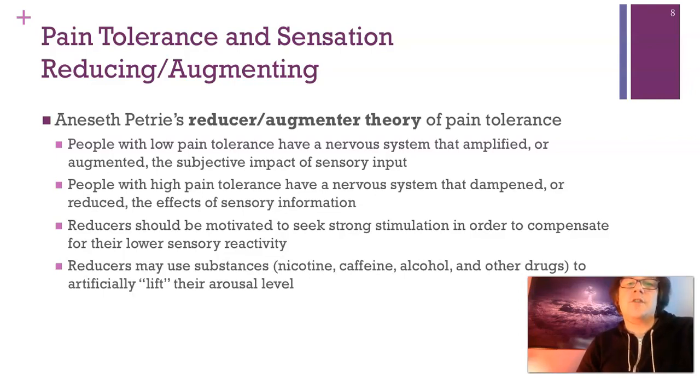So reducers should be motivated to seek strong stimulation in order to compensate for their lower sensory reactivity. So in other words, people who have a high pain tolerance, remember what the theory is saying is that they have a high pain tolerance because their nervous system kind of dampens their sensory inputs, kind of slows it down, kind of pushes it down.